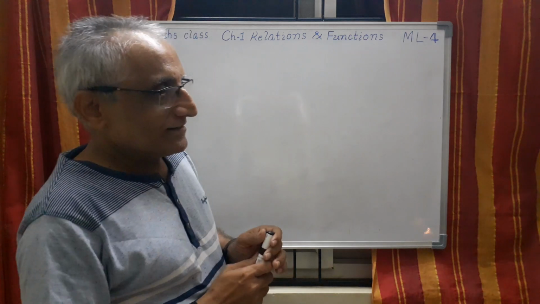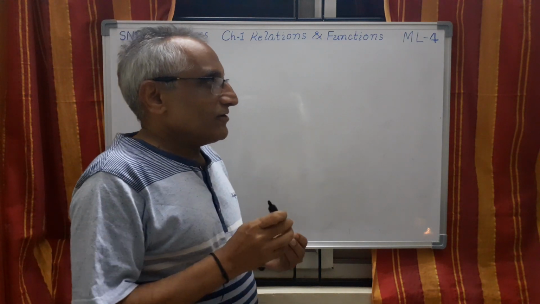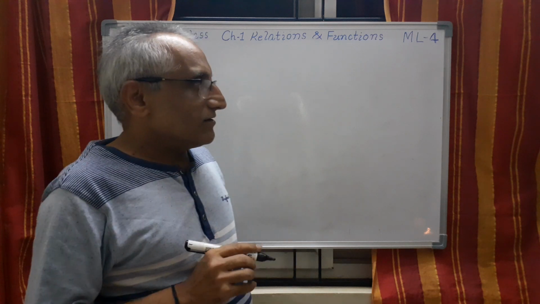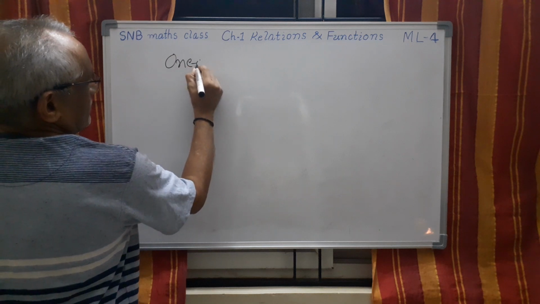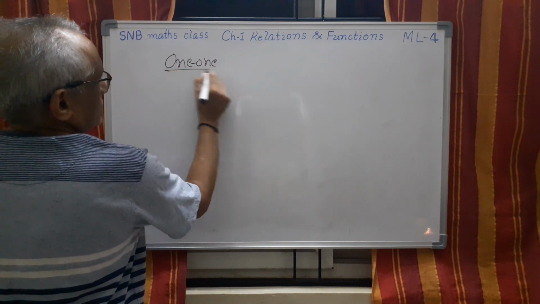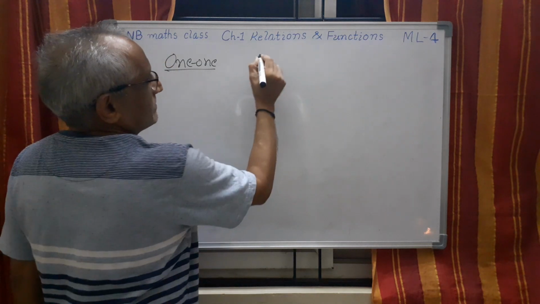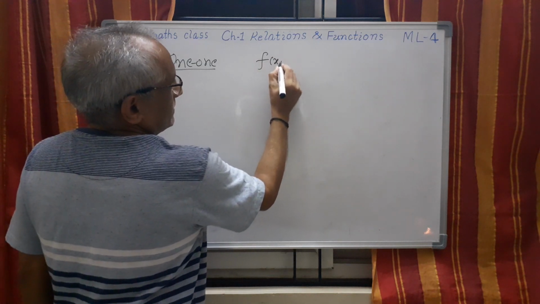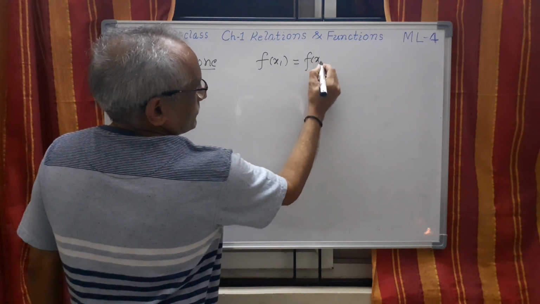So let me start. In the last class, I have given you the idea of one-one function. So the definition is, and the method of proving also: whenever f is one-one, this is what we have to prove.